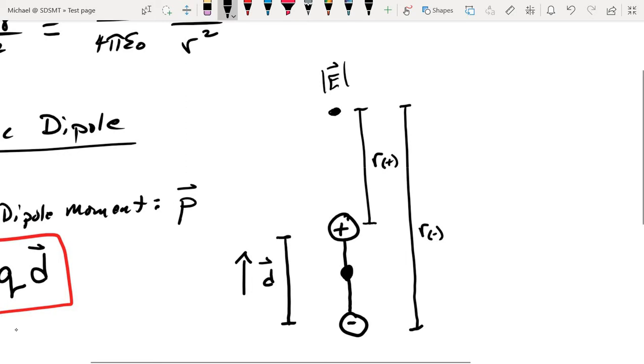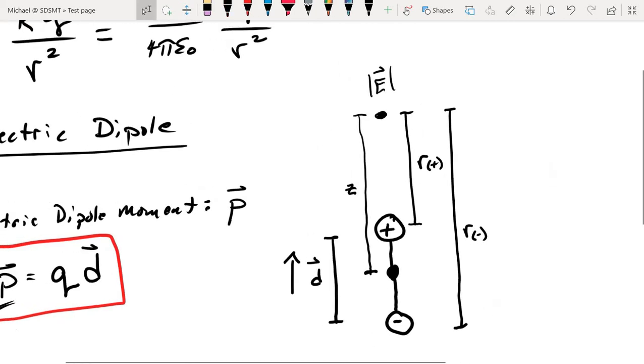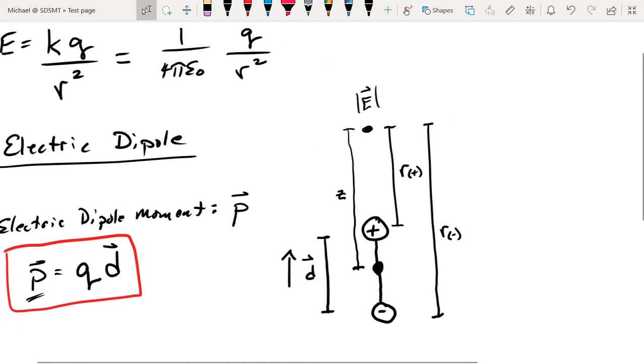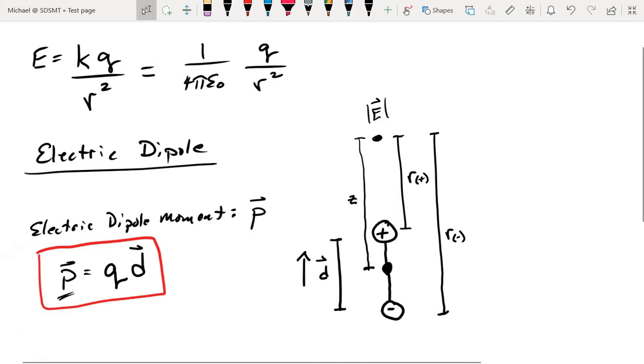But the author says, well, you need to measure from the midpoint of the dipole. And the author has kind of gotten into the habit of using Z to measure that distance from our charge collection. But this still doesn't explain why the author wants us to measure from the midpoint of the dipole.